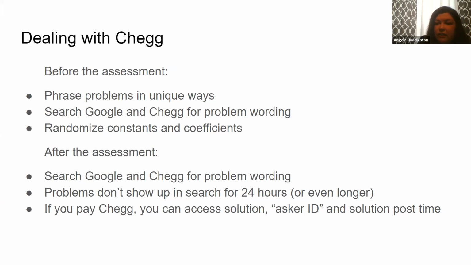In the chat, let's see, using alternates to symbols, words instead of symbols when teaching some formulas. Yeah, if you use words instead of symbols in your problems, but your students write down their work using symbols, you can know whether they're using Chegg or some other site whenever they're writing their answers.